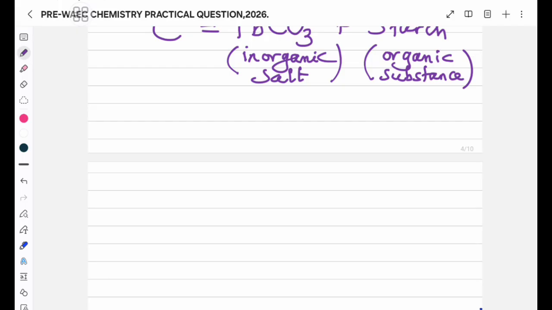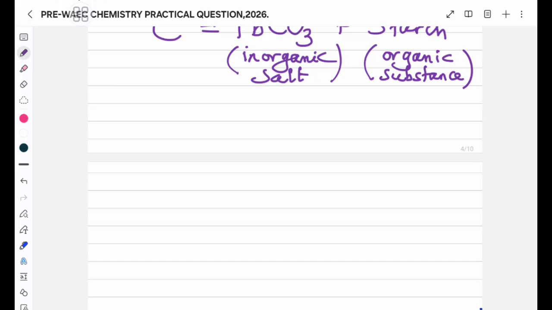It's just that when you allow the suspension to stay for some time, that's why during the practical, when you add water, you allow the mixture to stay for a few seconds, so that you can get the liquid layer separated from the remaining solid, because the liquid layer is what you are going to test as filtrate.